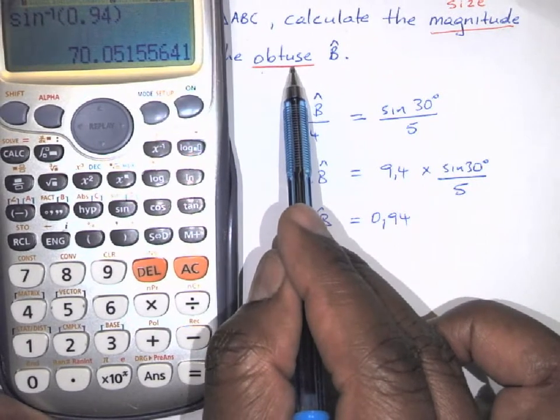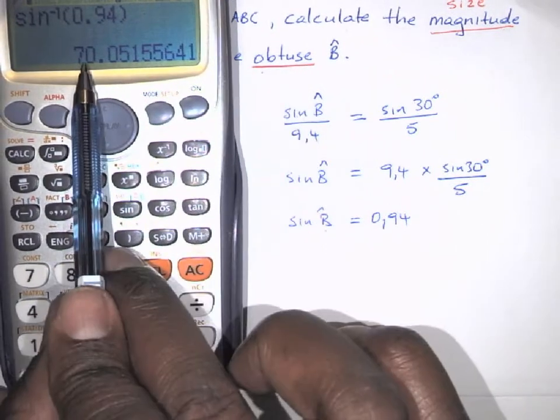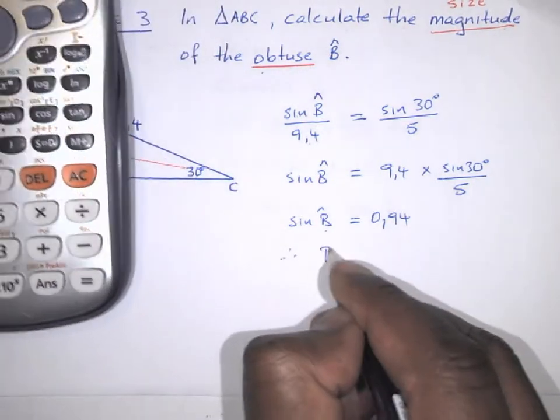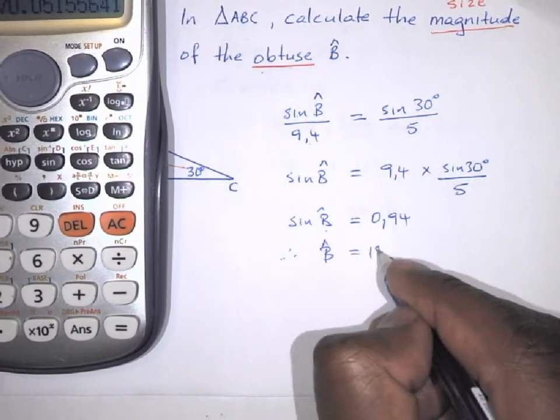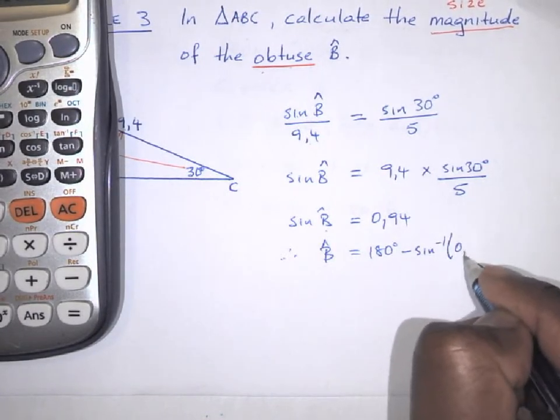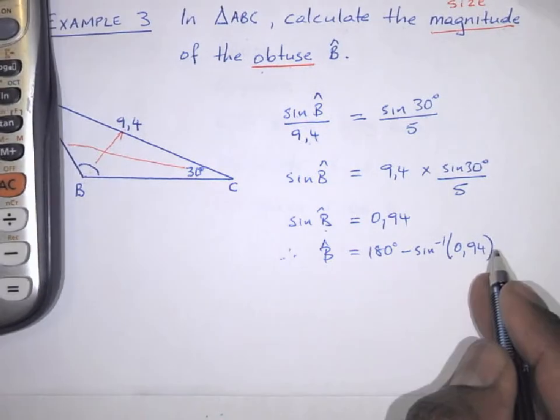How am I going to get that obtuse angle? I will subtract this from 180 degrees. Therefore, to find the angle B, I will say 180 degrees minus the shift of 0.94. In fact, it's arc sine of that.